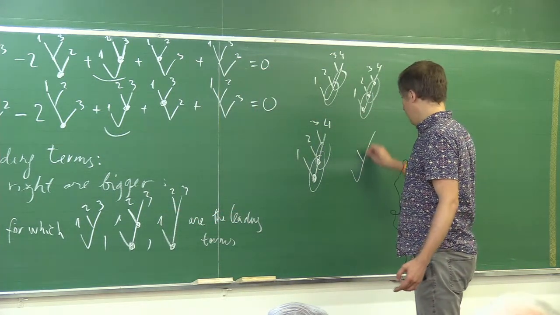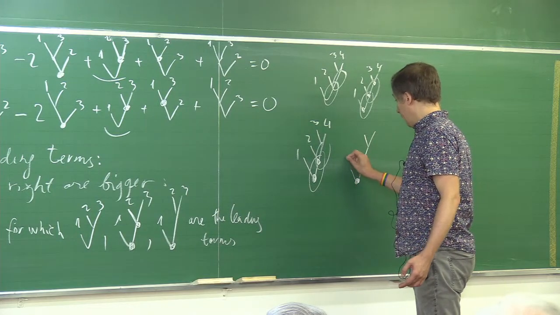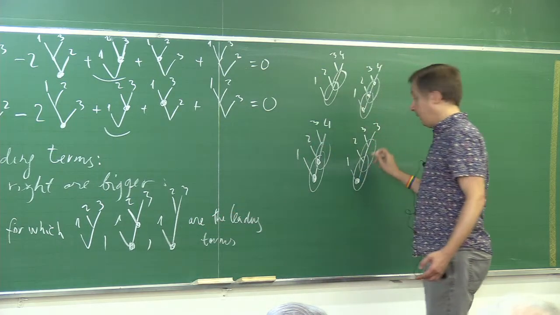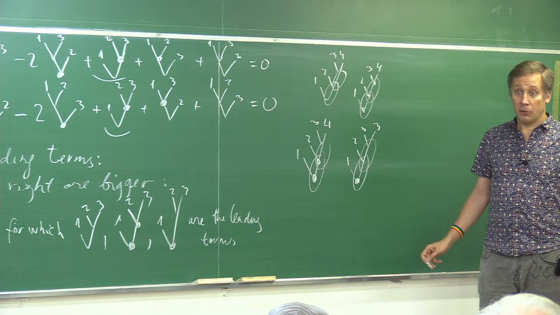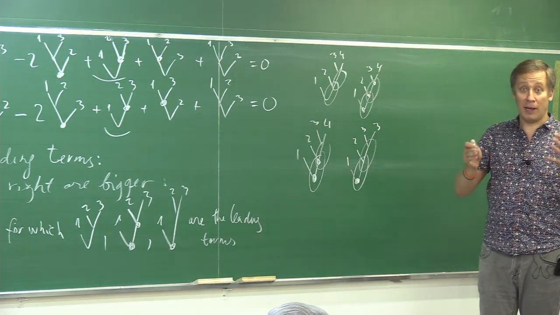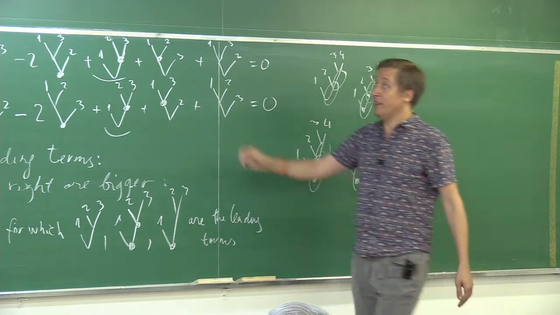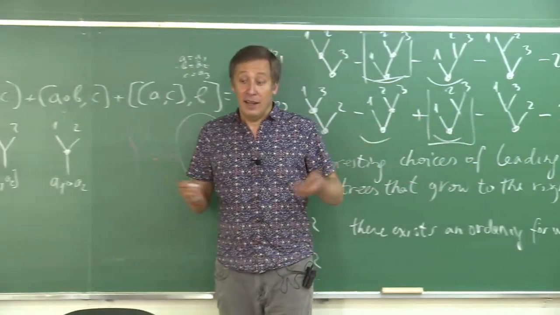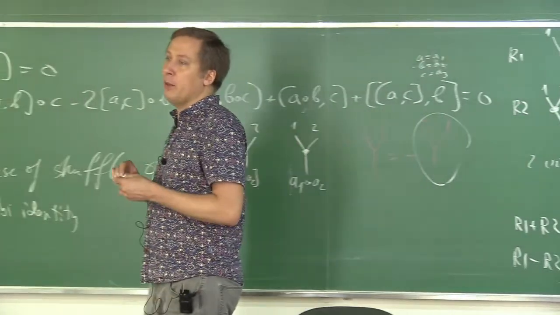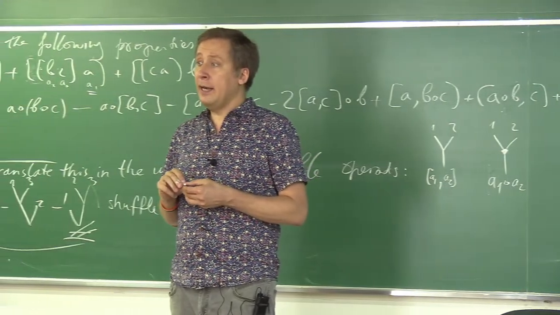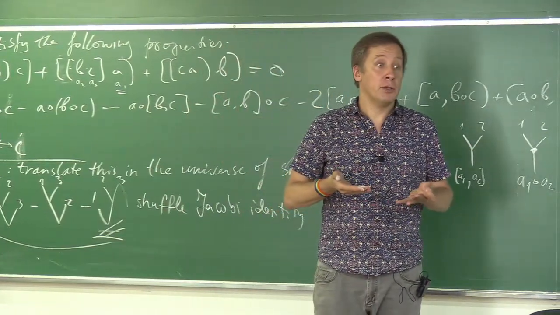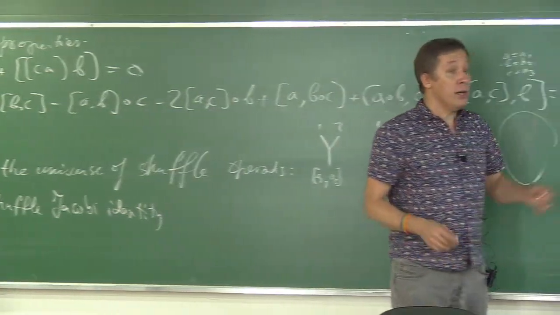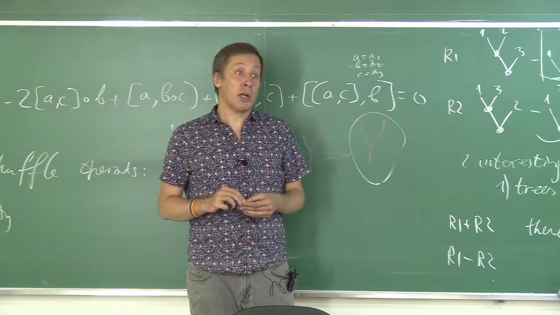And finally, there is this tree, which is the overlap of this leading term and the leading term of the Jacobi identity. So there are four different overlaps, which you can rewrite in two different ways using the relations and see what happens. And a computation, which I am not going to do on the board, shows that in this case all the diamonds close up. So in this way, you actually obtain a Gröbner-Shirshov basis.